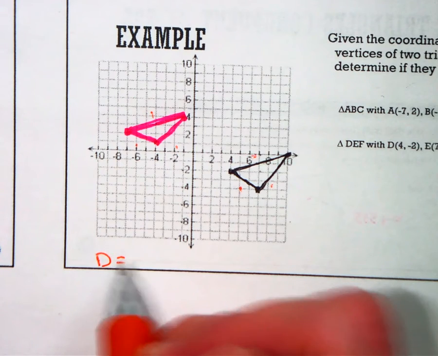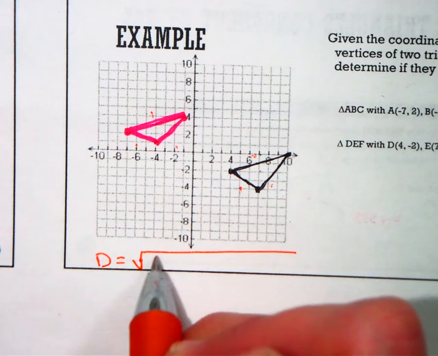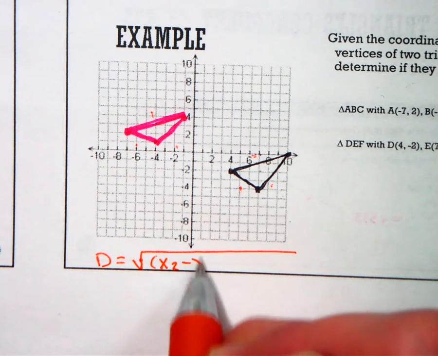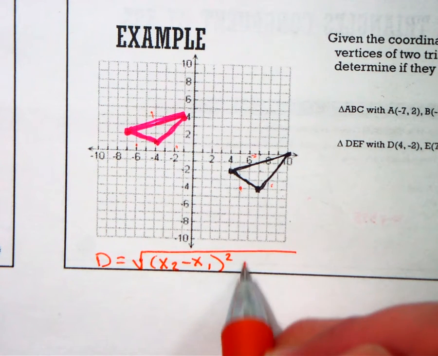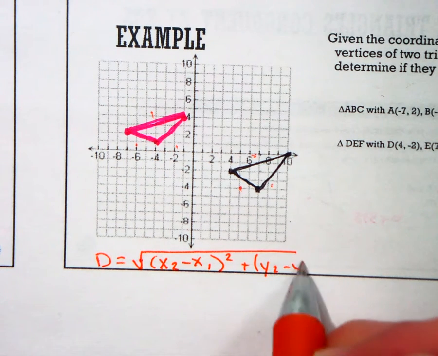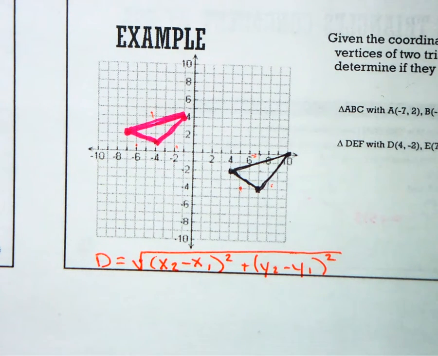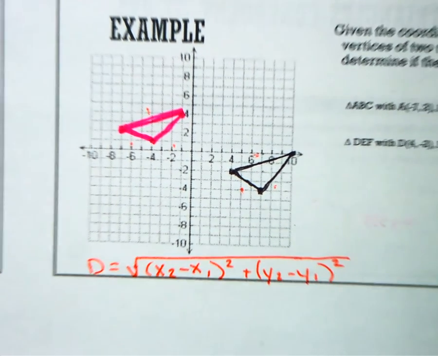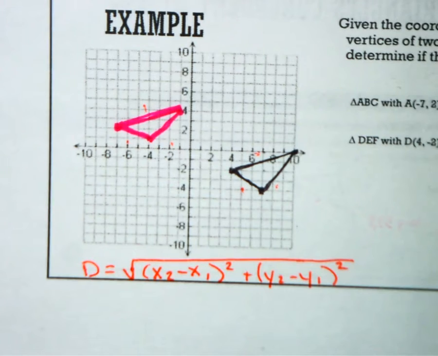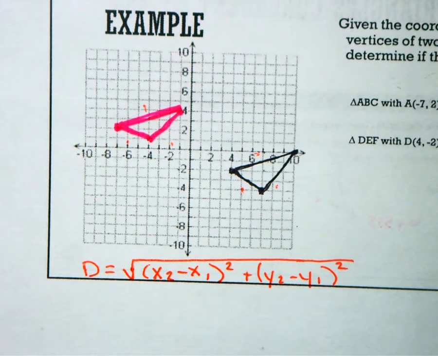Distance equals the square root of x2 minus x1 squared plus y2 minus y1 squared. So if you would like to do the distance formula, you are free to do so. It will actually help you in your Algebra 2.